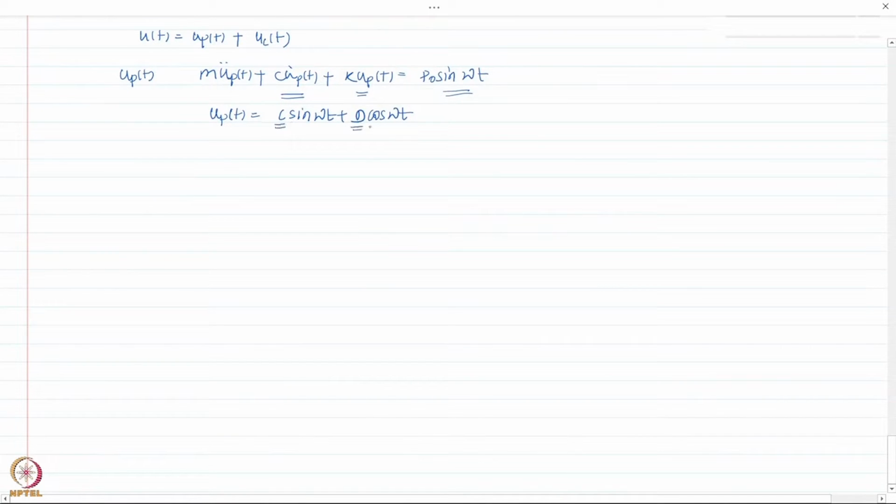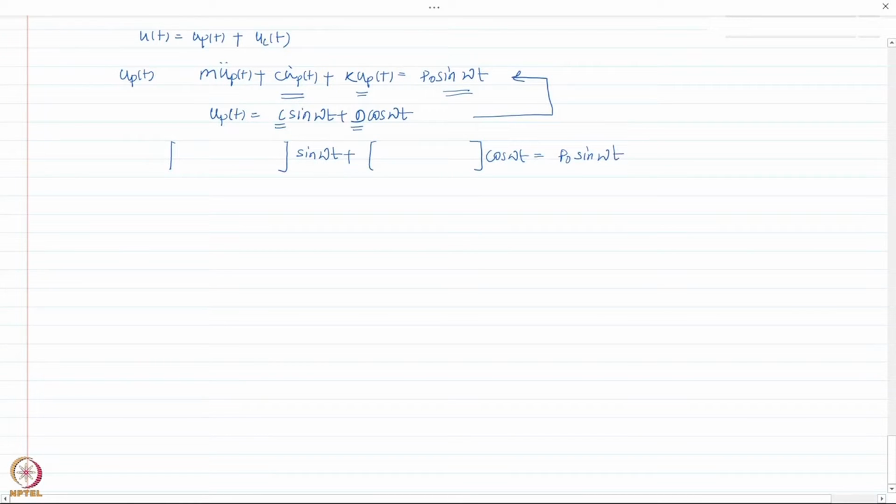If you take this solution and substitute it in this equation, you would get an expression in terms of C and D, and of course zeta, m and so on, times sine omega t, plus another expression in terms of C and D times cos omega t, and this should be equal to p naught sine omega t.